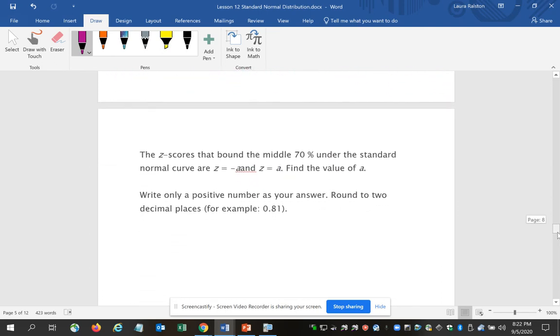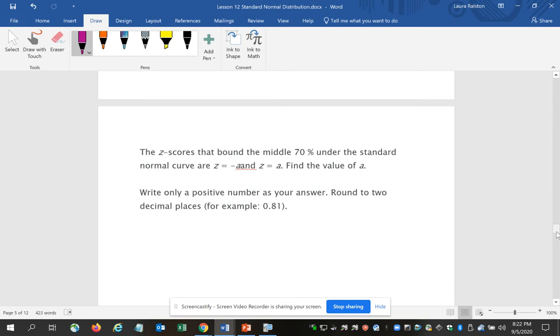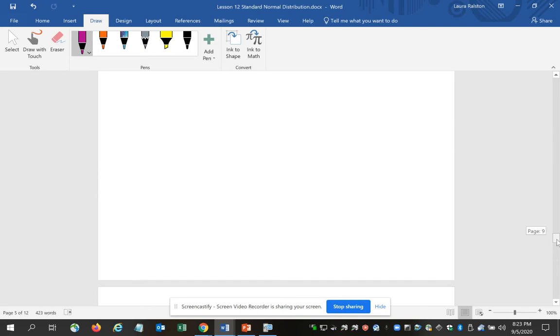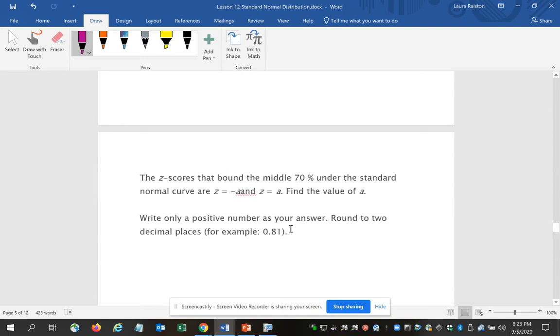All right, now we're going to switch gears a little bit. Now it says the z-scores that bound the middle 70% under the standard normal curve are z equals negative a and z equals positive a, and it wants you to find the value of a. Now we're kind of working backwards because they're going to tell me the area under the curve, and we need to find the z-scores.